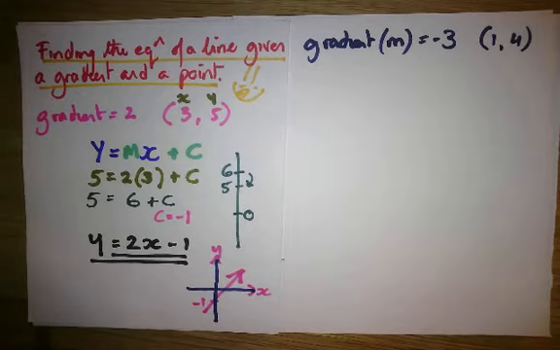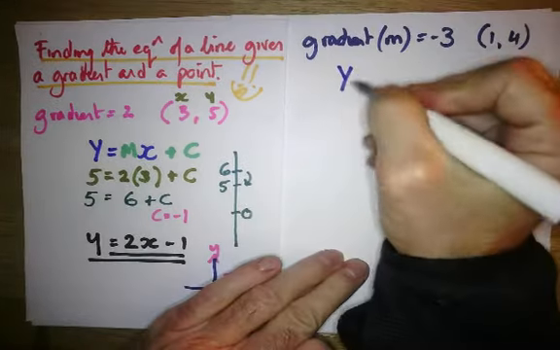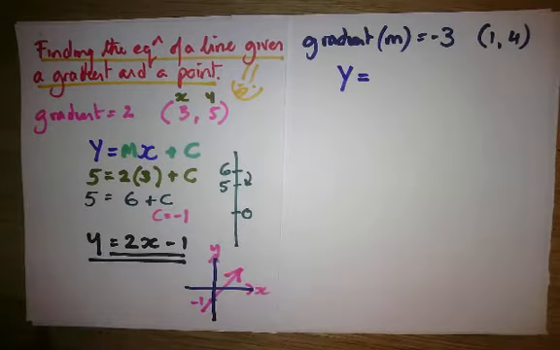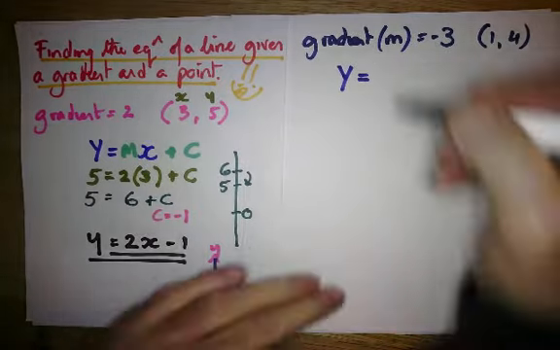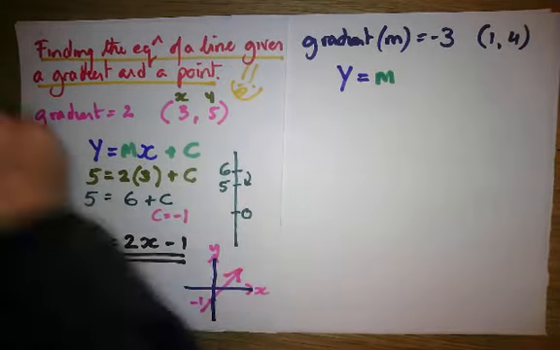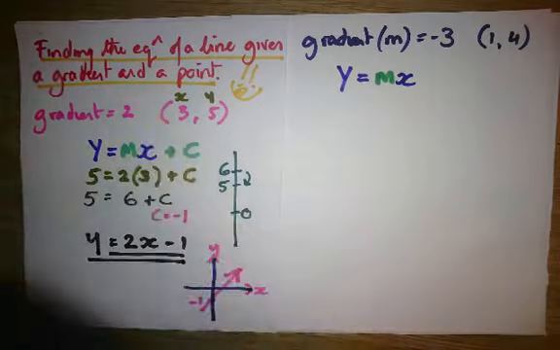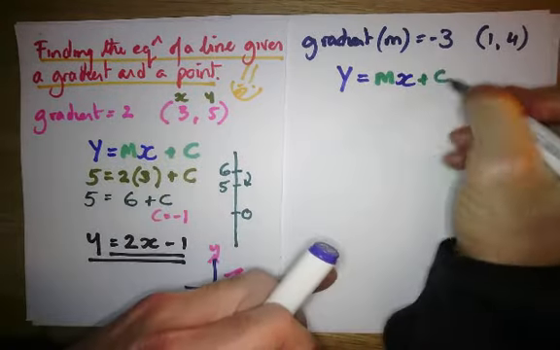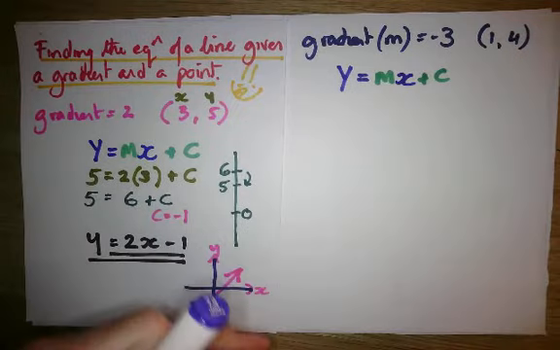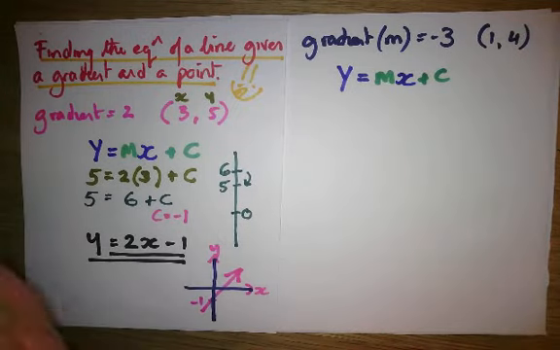So the thing I'm going to do is copy out the equation, y equals mx plus c. Always copying this out, it's always good practice to have it. And so that's my m, and then it's mx plus c. So those are the things that I'm looking for.